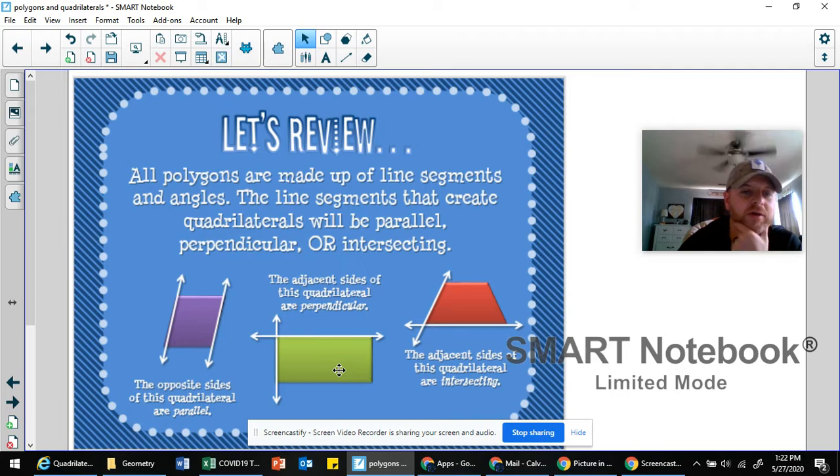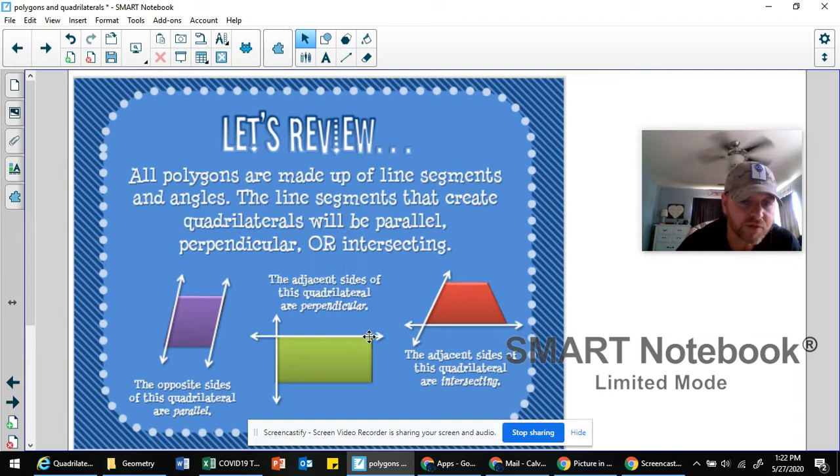Now, if you look at this shape here, this is another example of a polygon that can be categorized as a quadrilateral because, again, it's made of four sides and four angles. It says the adjacent sides of this quadrilateral are perpendicular. Adjacent meaning that they're like neighbors. They share a corner, basically, or a vertex.